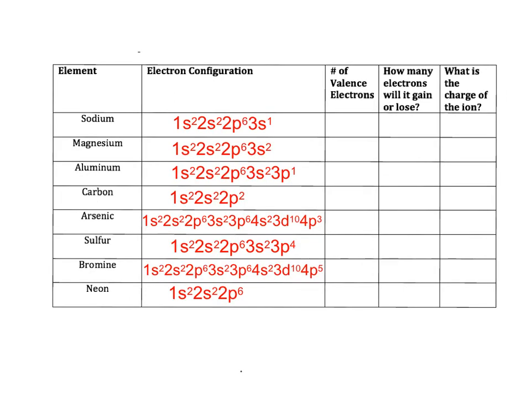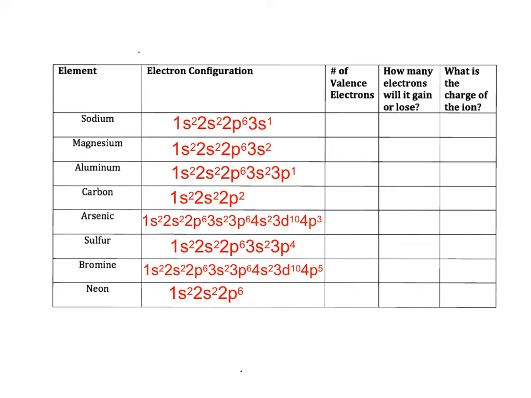Okay, so here we have all of the electron configurations for all those various elements, all the way from sodium down to neon. Now, when we look at number of valence electrons, we're going to look at the highest energy S and P sublevels. Well, if I look at sodium, I have energy level 1, energy level 2, energy level 3.